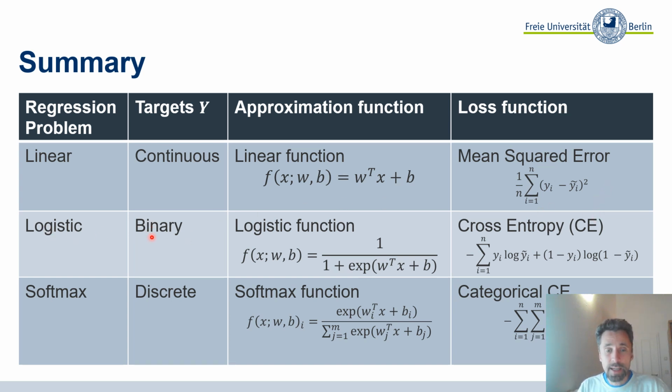Here we have binary labels and use the logistic function that still uses this linear model here, and a different kind of loss that we call cross entropy. And this is minimized by gradient descent, which will come back many times in the next lectures.